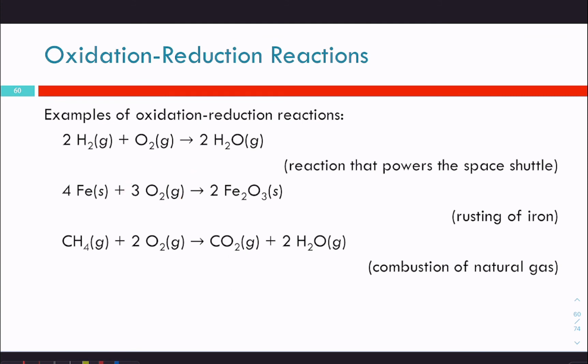That's why it's called oxidation, because a lot of it happens with oxygen. Gives you iron oxide. Or combustion of natural gas, any burning is actually also a redox reaction, combustion. So methane with oxygen gives you CO2 and water, but water as a gas vapor.